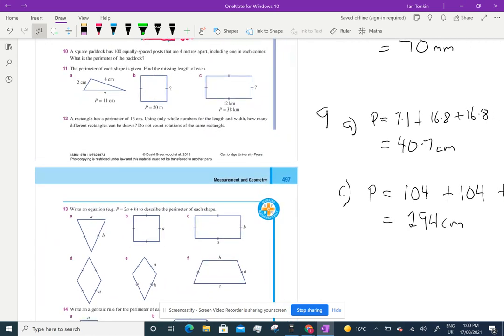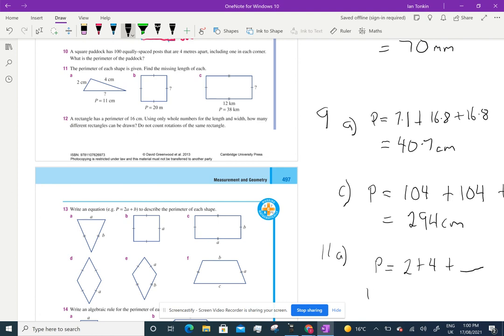Now, I'm only going to do one from 11, and then I want you to have a go at 12. So 11, and I'm going to take 11A. I might even do 11A and B. Well, what have we got here? The perimeter equals 2 plus 4 plus something else that we don't know.